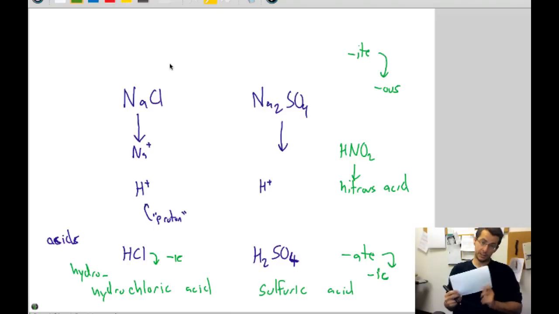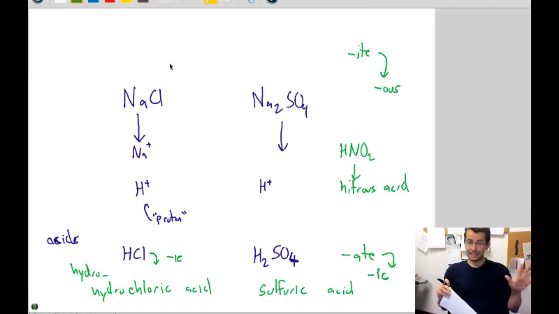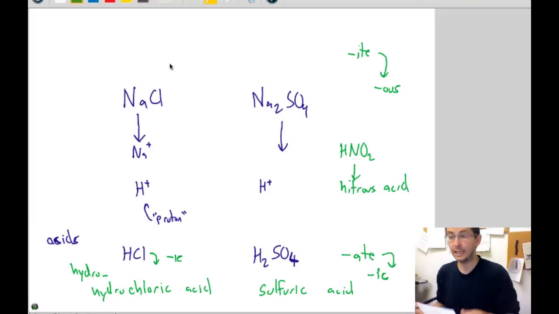Correct nomenclature. Now we're only talking about the ionic compounds here. We're not dealing with any of the non-metal based materials, but this is enough. All right. Memorize those 8 anions and then be able to generate the names for the other species. Be able to take the name and convert it back into the formula, and then take the formula and convert it back into the name. We'll have tons of examples in the homework.